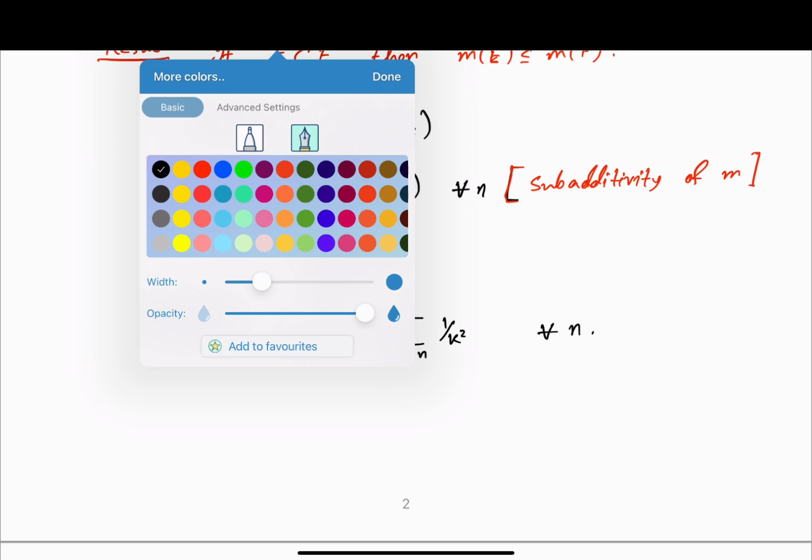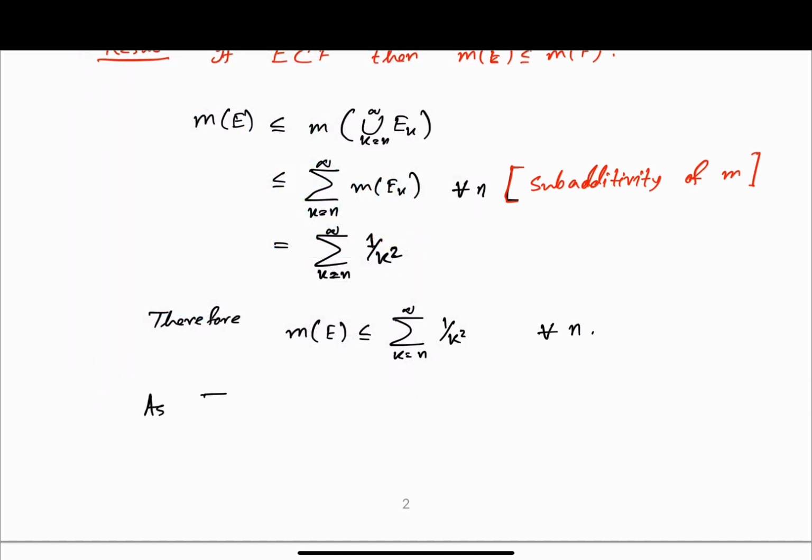As summation k equals 1 to infinity 1 over k square, you can test that this series is convergent, like n to the power p where p is bigger than 1. So as this series is convergent, the tail part of this series will go to 0, which implies the summation for k equals n to infinity of 1 by k square goes to 0 as n tends to infinity, right? Means the tail part of this series goes to 0.